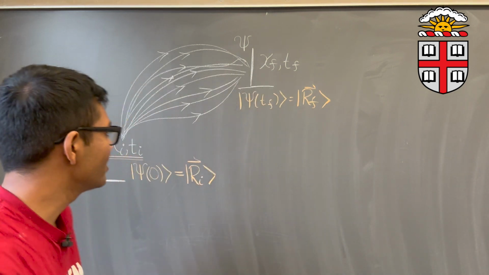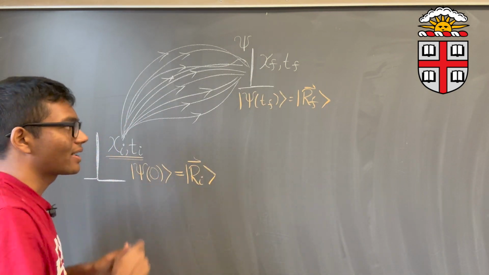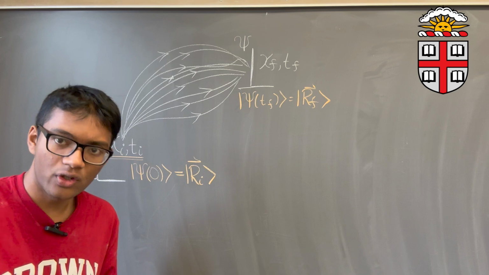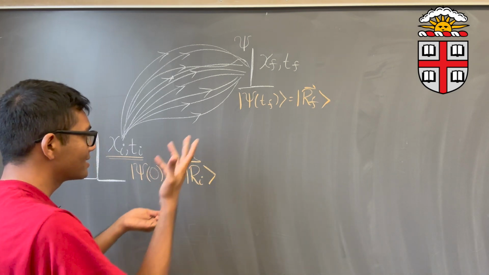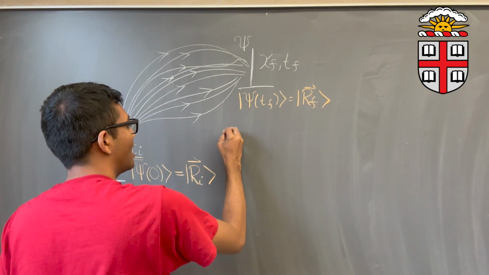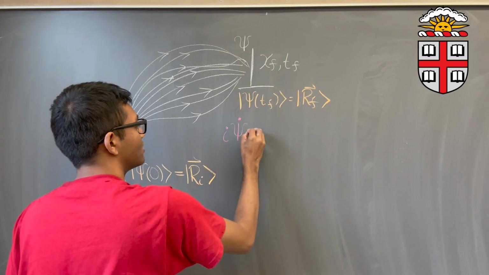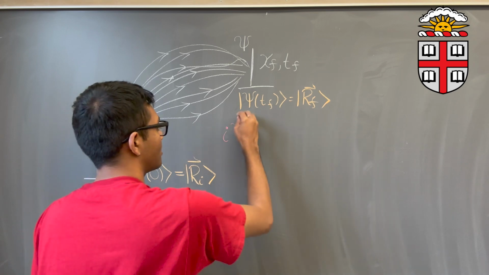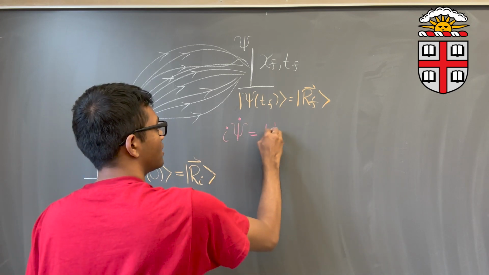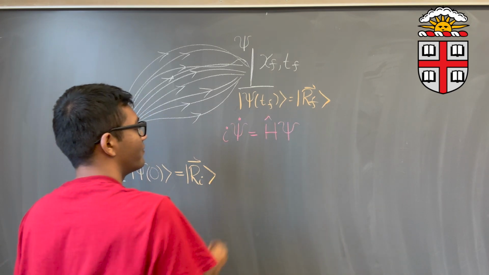Now, here's the caveat. How does my electron's wave function evolve over time? Well, I can simply use the time-dependent Schrodinger equation, which says that i psi dot is equal to H-bar psi. Very simple, right?